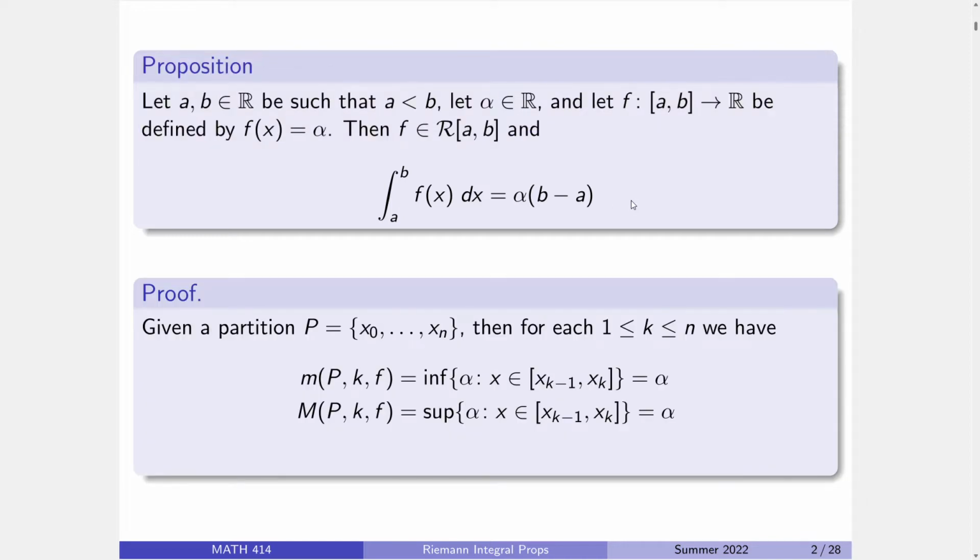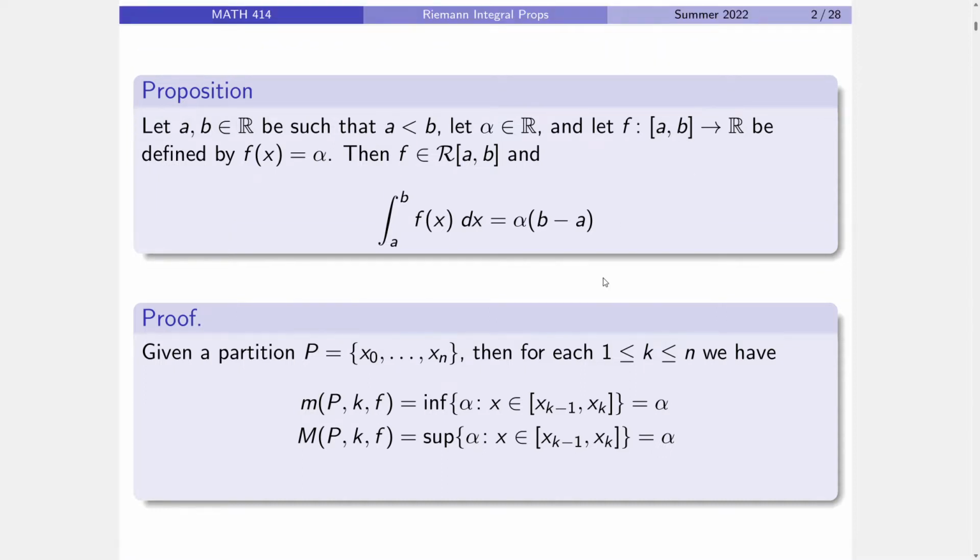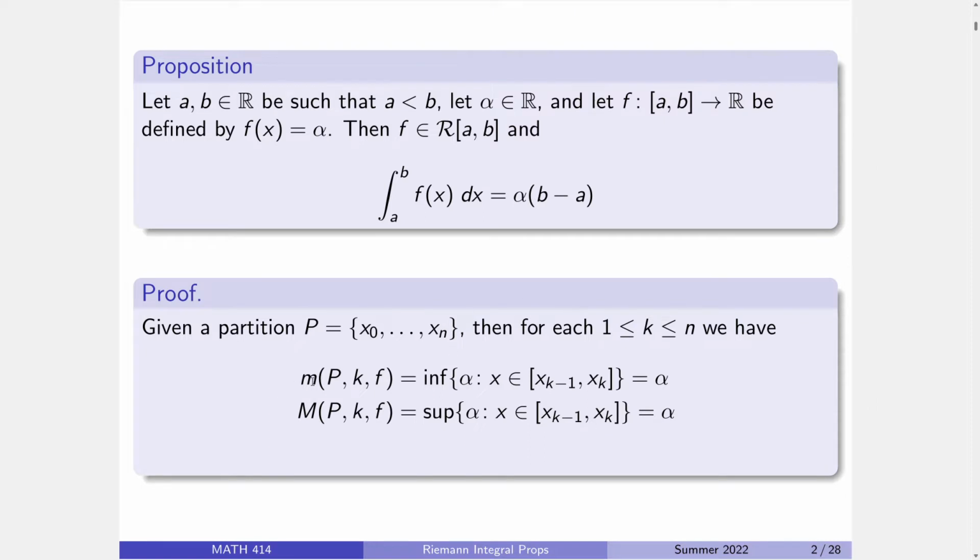of this. And the way we're going to attack this is to basically note that every partition behaves in the exact same way. Specifically, if you do take a partition, then the infimum of f on the kth subinterval will just be alpha because it's constantly equal to alpha. Same thing with the sup.